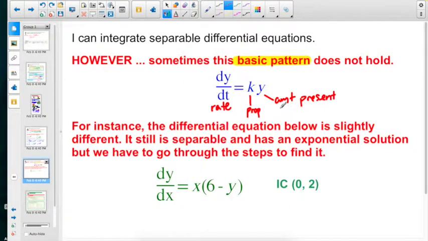So it's very characteristic. It's got a proportionality constant. That's a number. It's either positive or negative. And we have just a y over here.